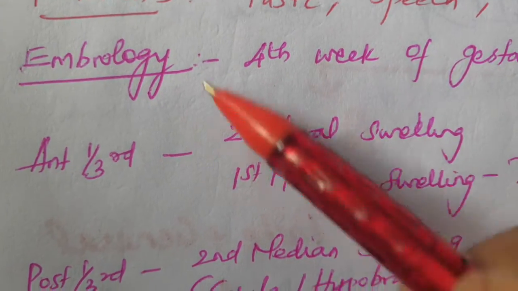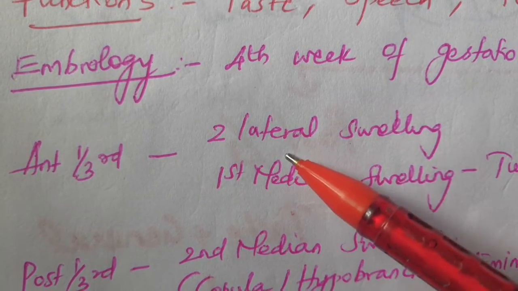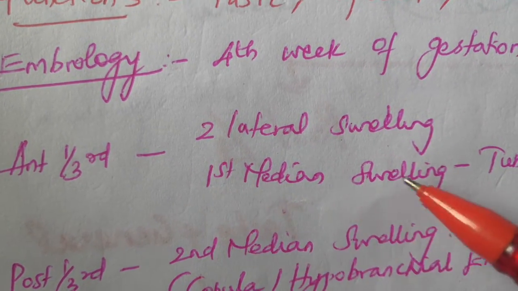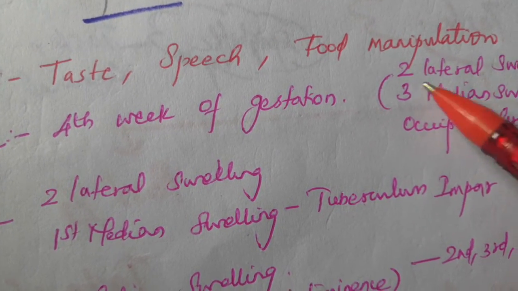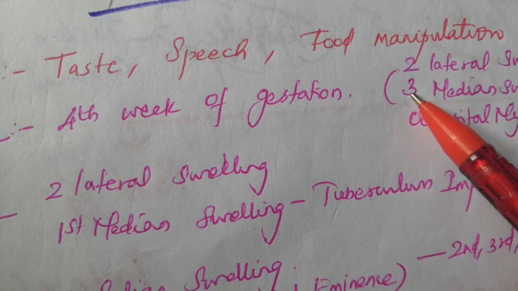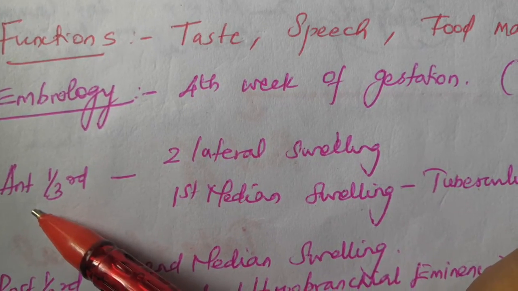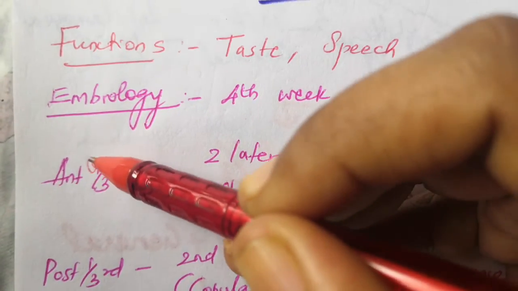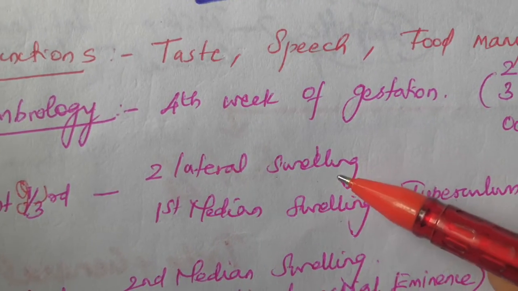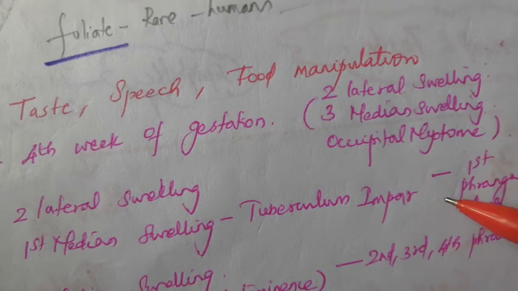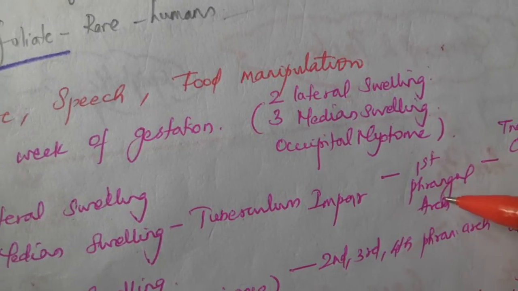It starts at the 4th week, wherein the anterior 2/3 is contributed by the 2 lateral swellings and the first median swelling called tuberculum impar. Among the 3 median swellings, only the first median swelling contributes to the anterior 2/3, in addition to the 2 lateral swellings. These are derived from the first pharyngeal arch.